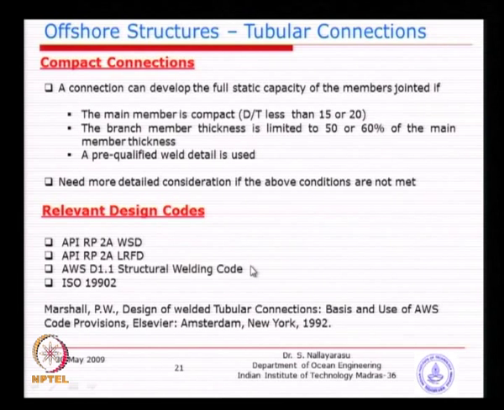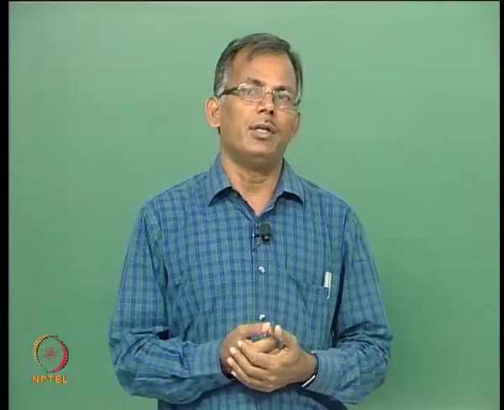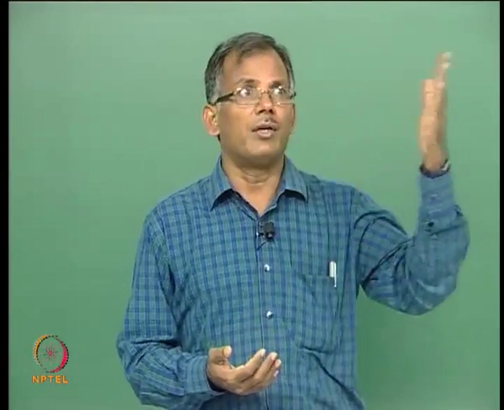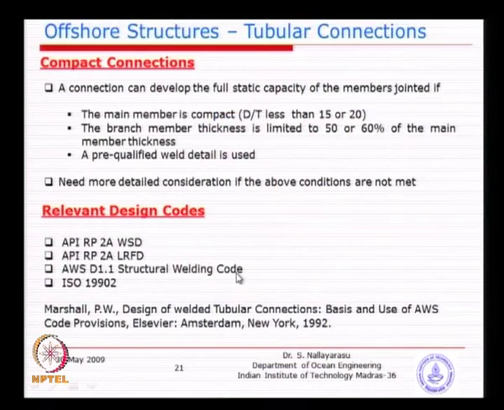Actually, even before API was set up, the American Welding Society came up with design requirements in an informal way, because that society is not meant for offshore business, but they have been using non-circular tubes, for example box sections, rectangular sections, hollow sections used for various building industry, and that is why they wanted to develop such a connection, and from there it originated.